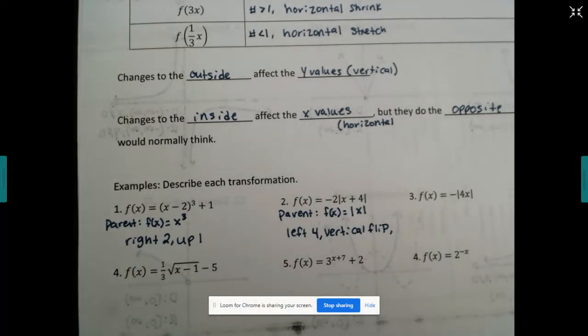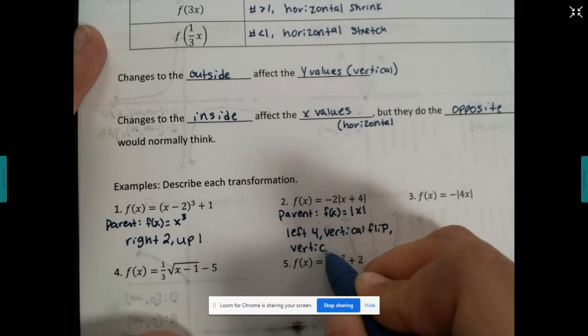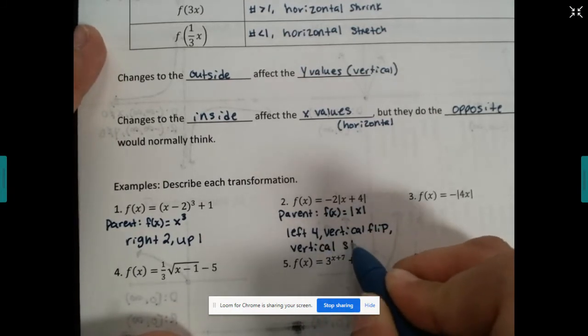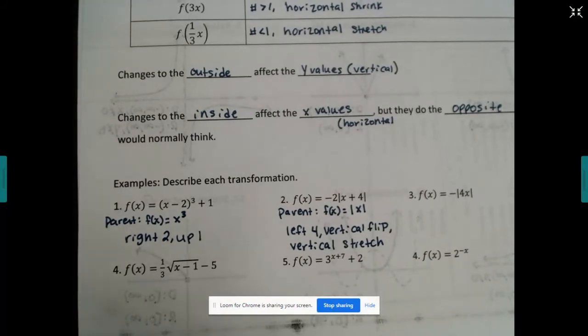And then the 2 is greater than 1, and it's on the outside of these absolute value bars. So that tells me that it is going to be a vertical stretch. Questions on that?